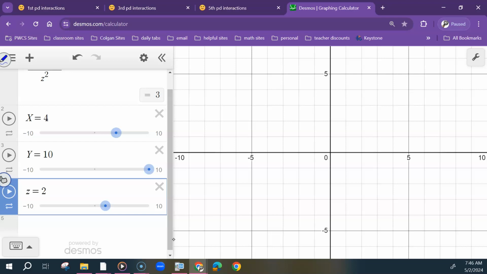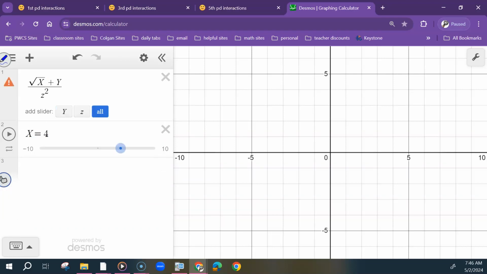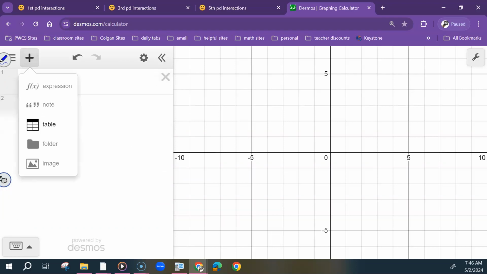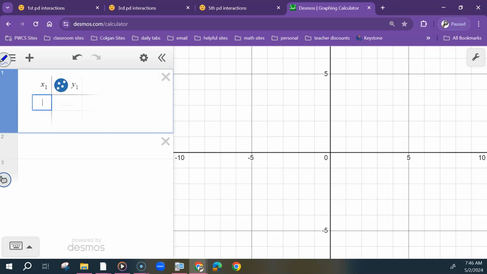For your line of estimate, add in your table.